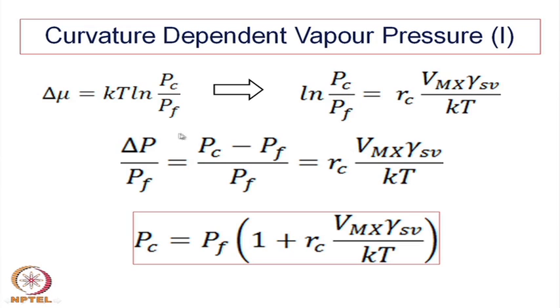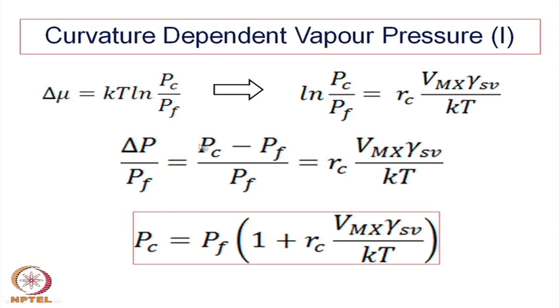So, from this you can get delta P by Pf, which is nothing but Pc minus Pf by Pf. Pc minus Pf is the delta P, and this becomes Rc Vmx gamma Sv by kT, the same thing.